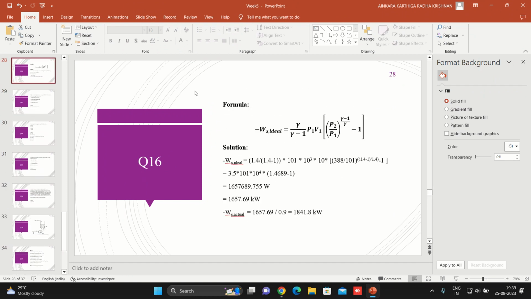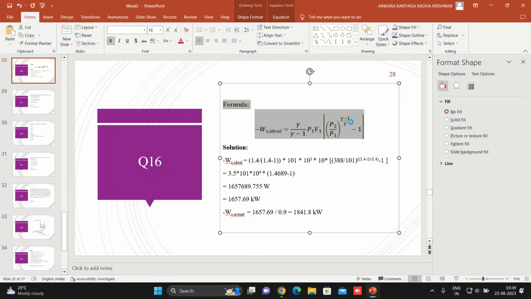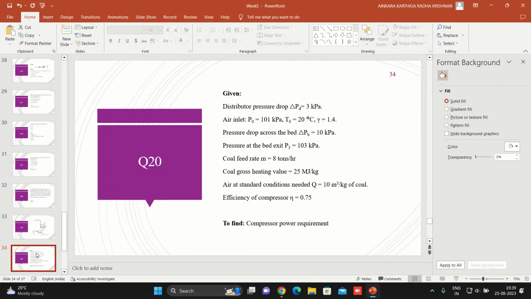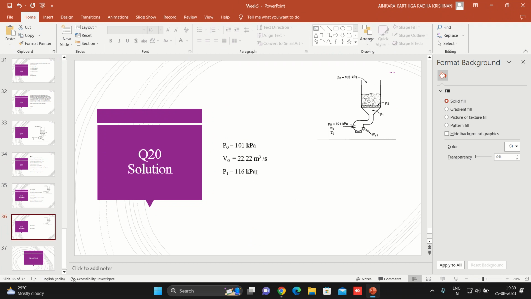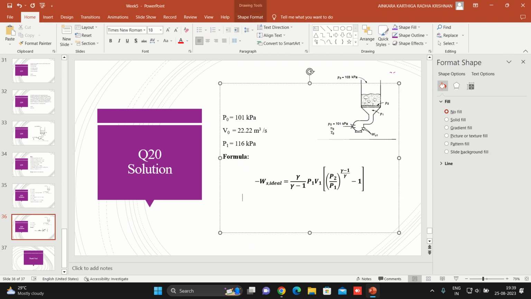So W S ideal is equal to gamma, it is given 1.4, by 1.4 minus 1, into P naught V naught.